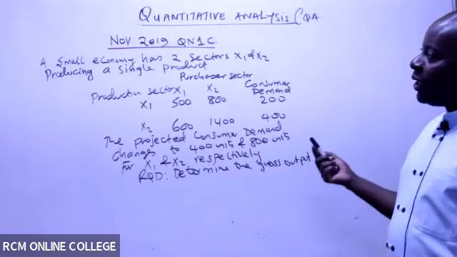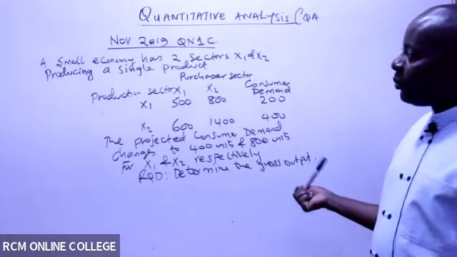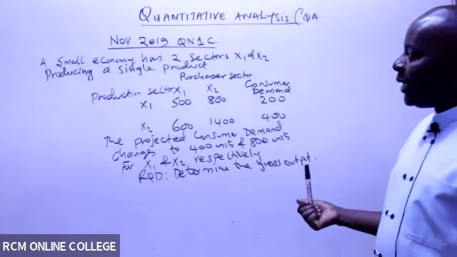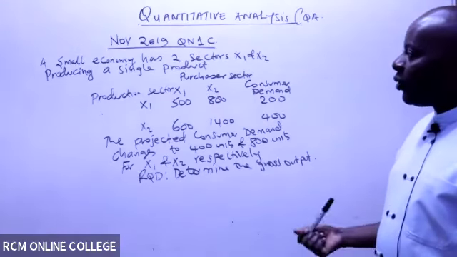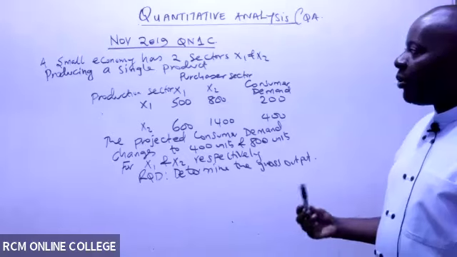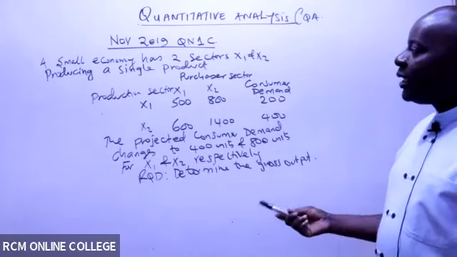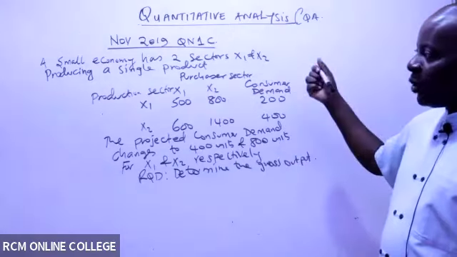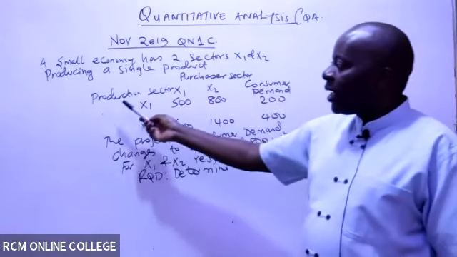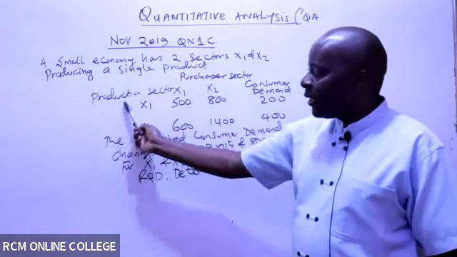So we are given a very simple question here, input-output matrix, November 2019, question number 1, where they're telling us that a small economy has two sectors, X1 and X2, producing a single product. And then they have given us this information, what we call the input-output matrix. Remember, the production sector is also known as the output.